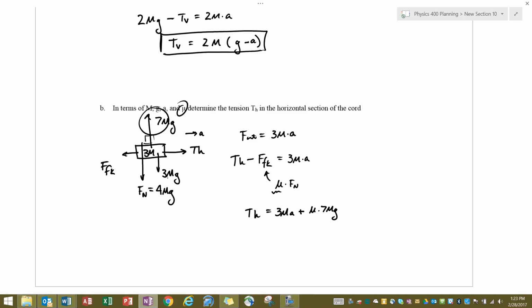No, it doesn't. Hold on a second. This is not the right normal force. That would be between the block and the table. So this should be the normal force that's responsible for the friction force, which is between the 3m and the 4m. So this is the correct normal force to go in there. So try that again. The horizontal tension force would be equal to 3ma plus mu times 4mg.